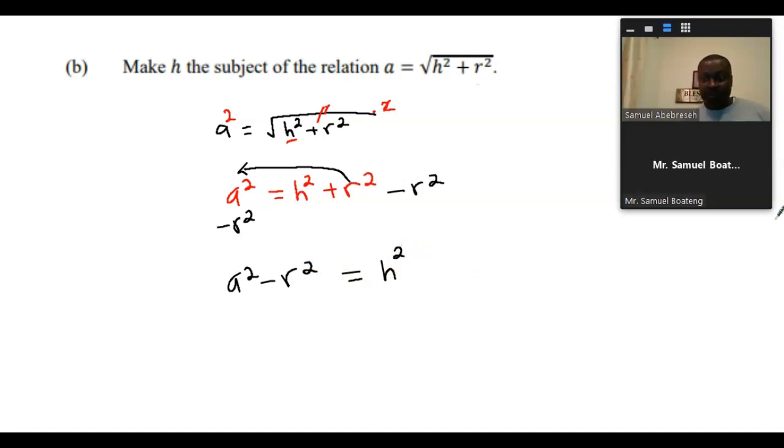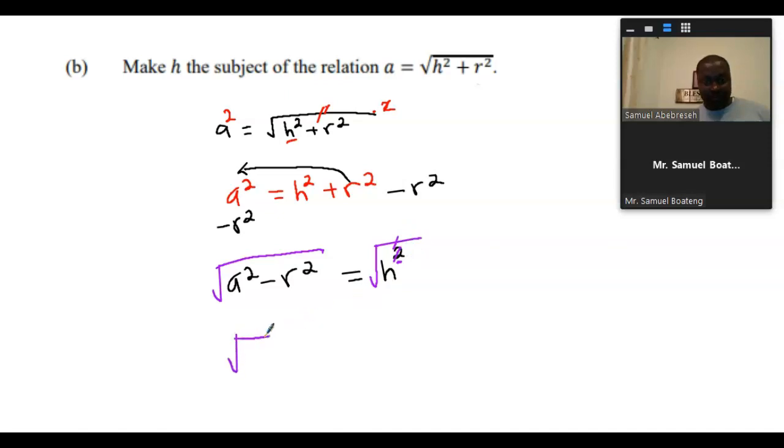We want to make H the subject, not H squared. So on the right-hand side, we need to take off the square. How do we take the square? You take the square root on both sides. When you do that, the square on H will disappear.